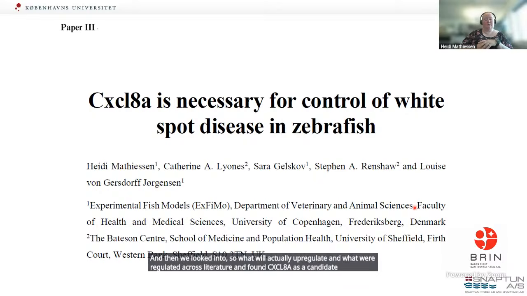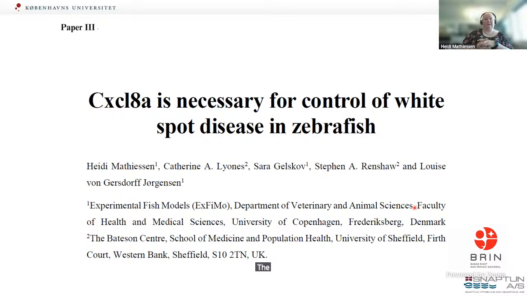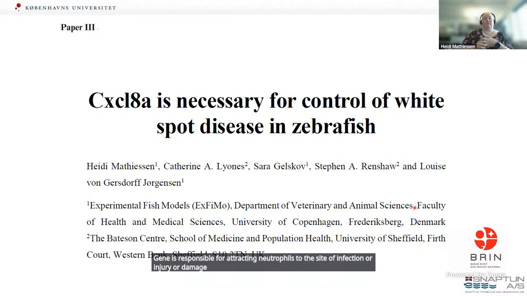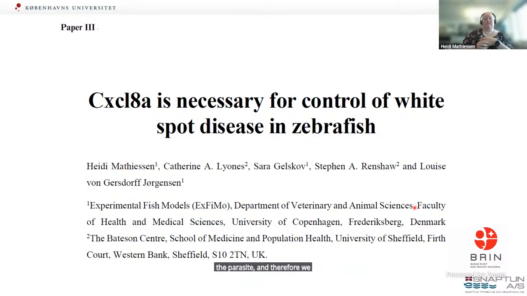The reason was that neutrophils were especially active in killing the parasite, and this particular gene is responsible for attracting neutrophils to the site of infection or injury or damage, meaning it's very important for neutrophils in getting to the right spot and attacking the parasite. Therefore, we decided to see if this could be a potential resistance gene.